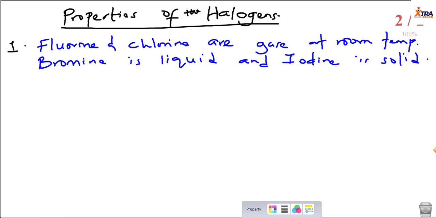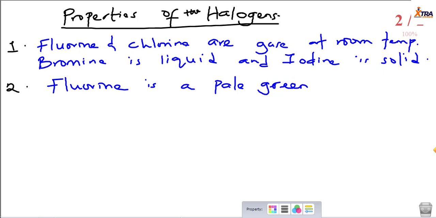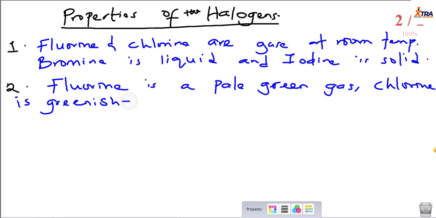That's one physical property. What other physical properties do we have about these elements? What about their color? Fluorine is a pale green gas. Chlorine is greenish yellow. This is characteristic of chlorine gas.